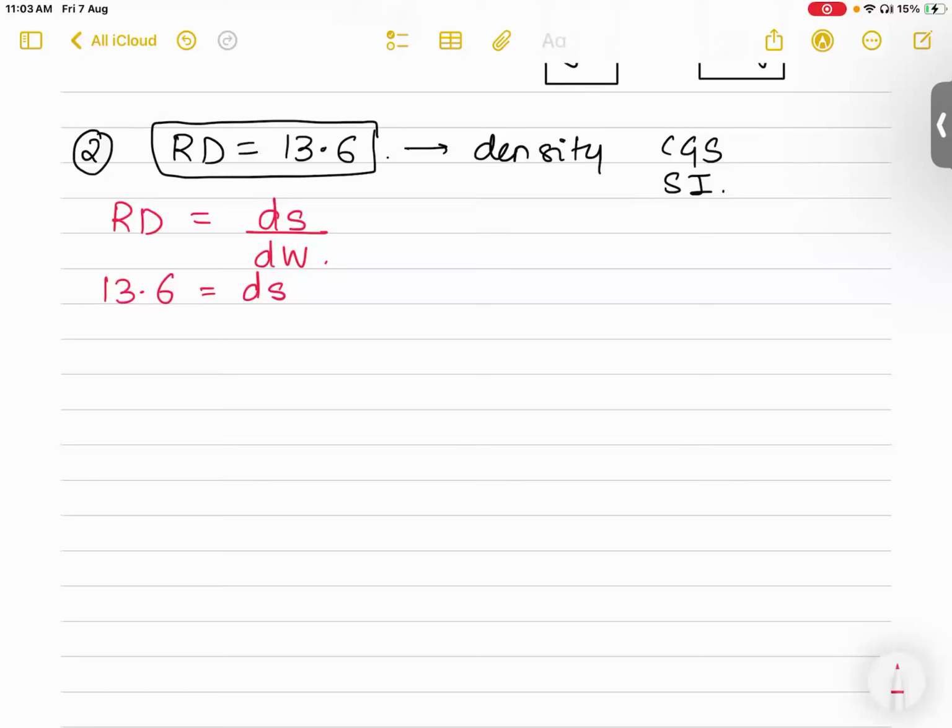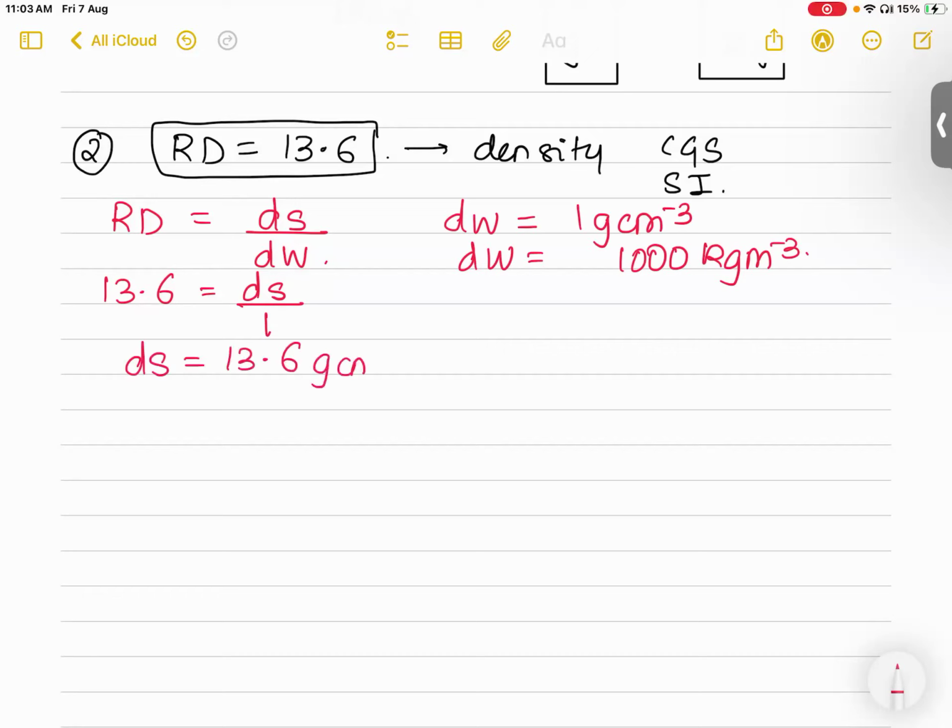Density of water, I'm taking it as 1. If you want, you can take density of water as 1000 also. The choice is yours, guys. There is no hard and fast rule which says that you take it as 1 or you take it as 1000.